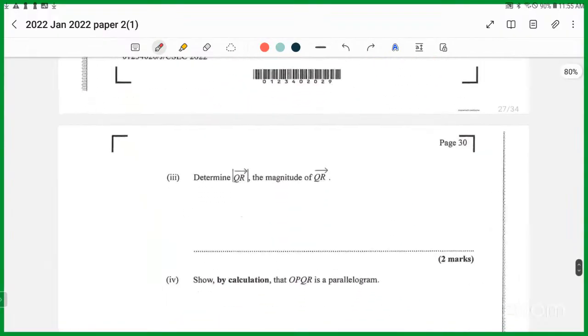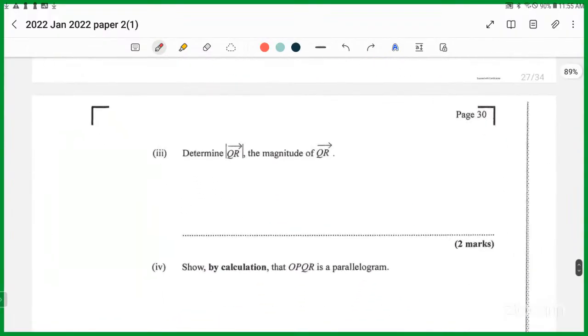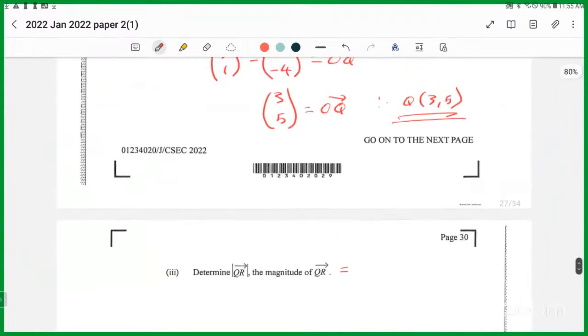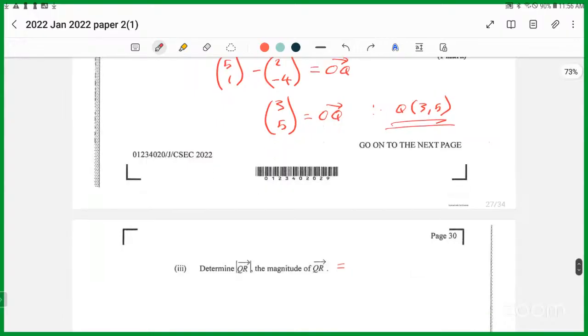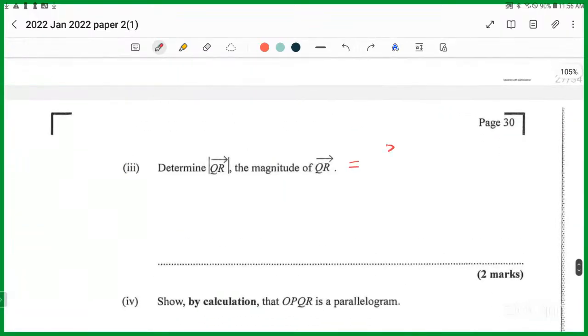This, as I tell you, is now the modulus of QR. It's the length of the vector QR. What is the vector QR equal to? They just gave it to us, right? This 2, negative 4. So QR is 2, negative 4. So the modulus is the length of the line QR.